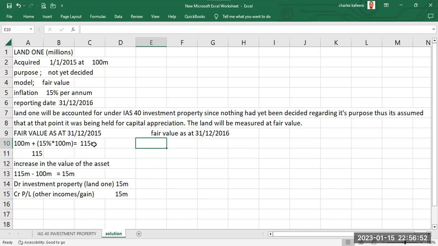So we are starting with 115 million times the 15% inflation, plus 115 million, in the bracket.